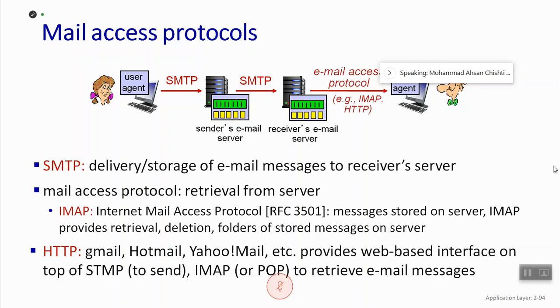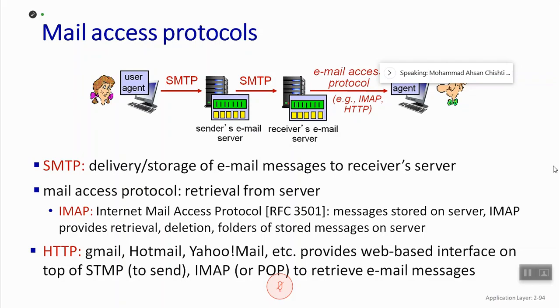So for the delivery and storage of email messages to the receiving server, it uses SMTP. Whereas Bob, while retrieving emails from his email server, might use some other protocol like IMAP, which is Internet Mail Access Protocol, defined in RFC 3501. So messages stored on the server can be retrieved with the help of a protocol like IMAP.